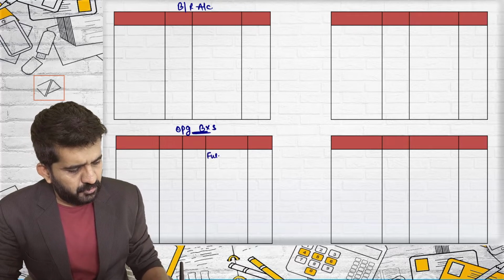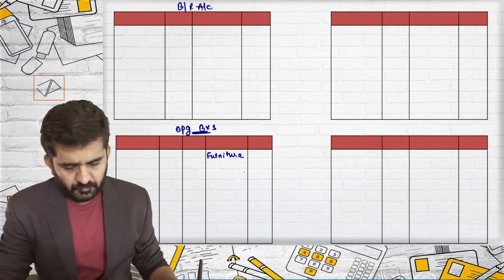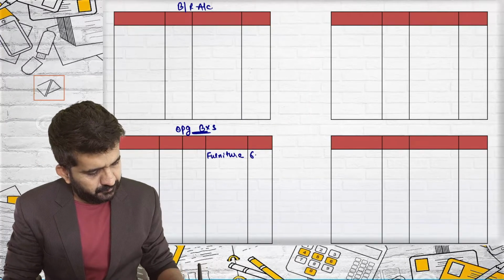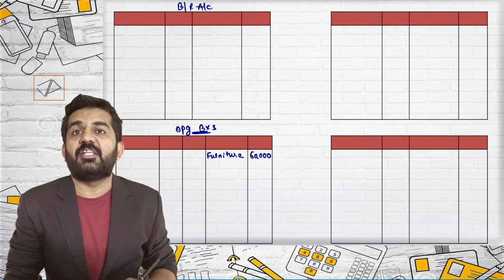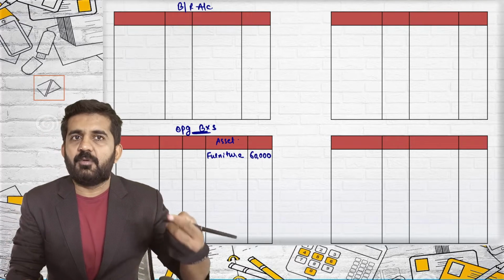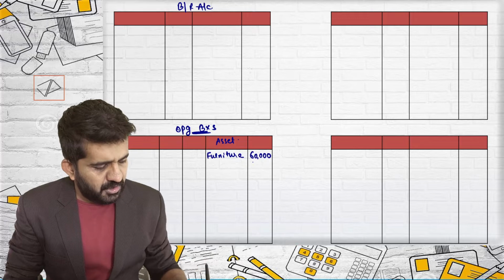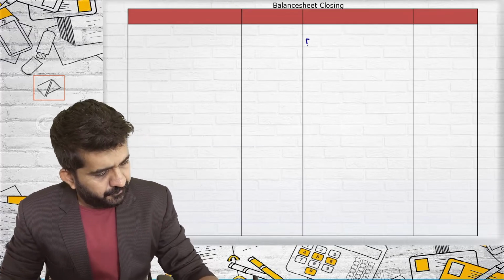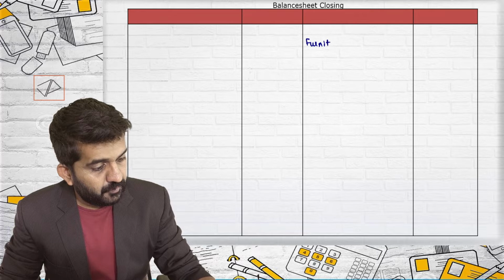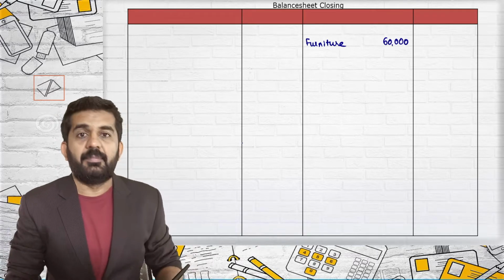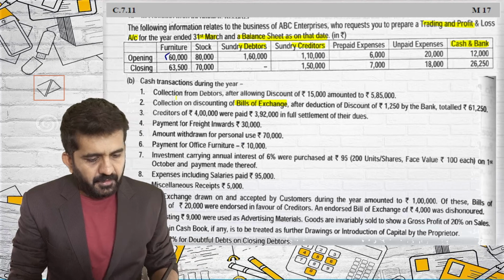So furniture account, opening balance is 60,000. Opening balance sheet, asset side. Opening balance sheet asset side is the credit effect, right? It will be the opposite effect because it is an opening balance sheet. Furniture is 60,000. Closing balance sheet, inner column, furniture will be 60,000.